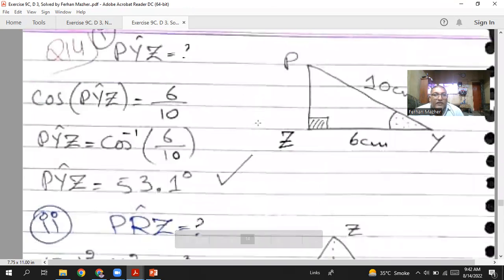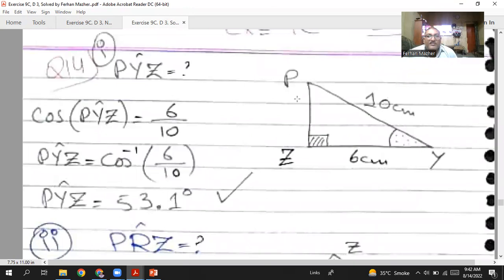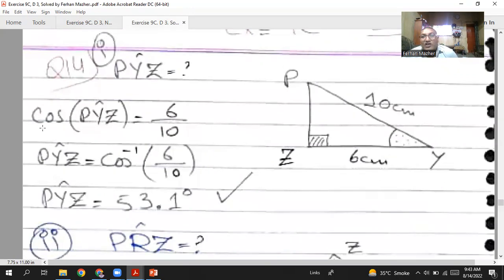So here we go. I know that in this triangle PY is 10 centimeters, ZY is 6 centimeters. If I want to find this angle, this is the base, this is the hypotenuse, and the base is, some people call it, the adjacent side.